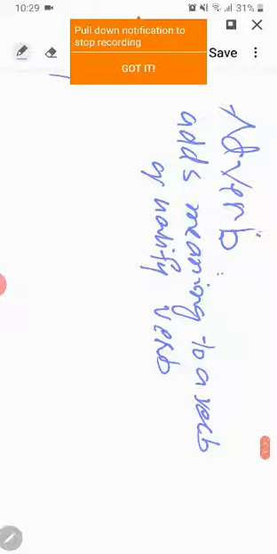For example, as I am talking to you, if you want to know how I am talking to you, I have to describe it by using a word in a sentence. That word is called adverb.